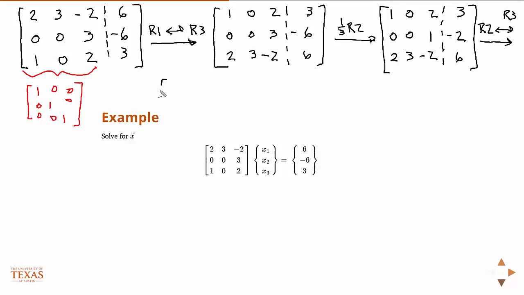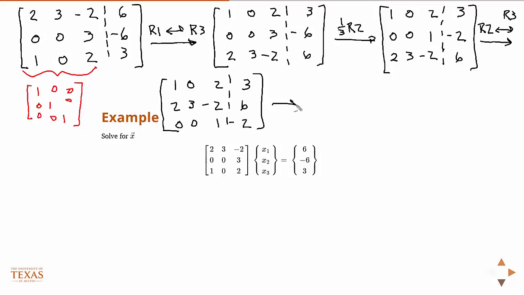So I have 1, 0, 2, 3, 2, 3, minus 2, 6, 0, 0, 1, minus 2. Okay?